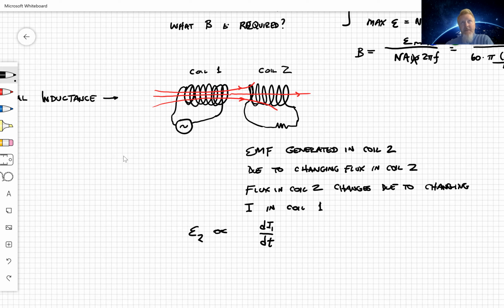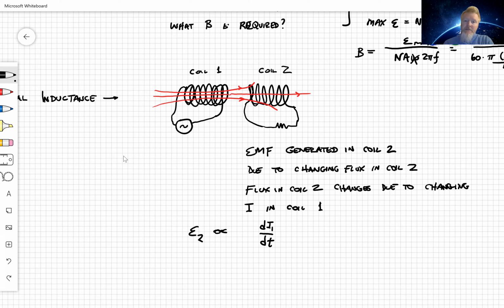The EMF in coil two is due to the changing current in coil one. If the coil one current is not changing, then I'm not getting a flux change. I'm getting no B field changing in coil 1, no B field flux changing through coil 2. I'm getting a flux, but it's not changing, right? And remember, I've got to have something changing.